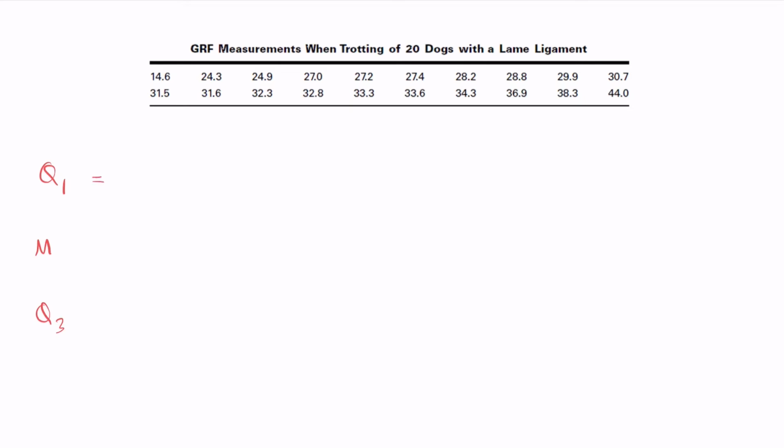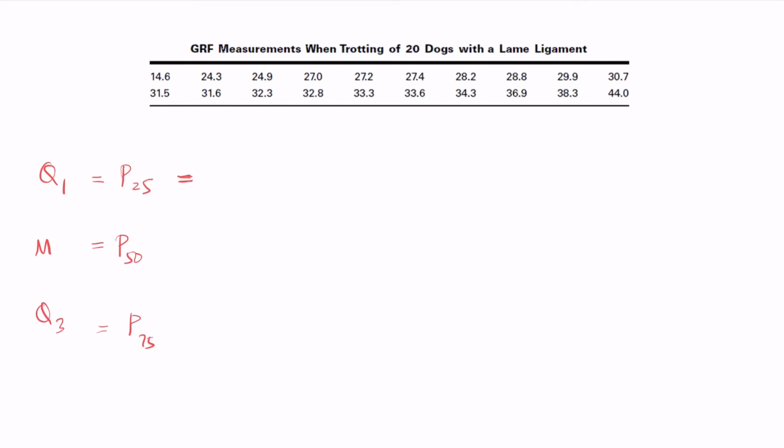Q1 is the 25th percentile, median is the 50th percentile and Q3 is the 75th percentile. To make it simpler, we can also write the formula in general, based on the observation values.